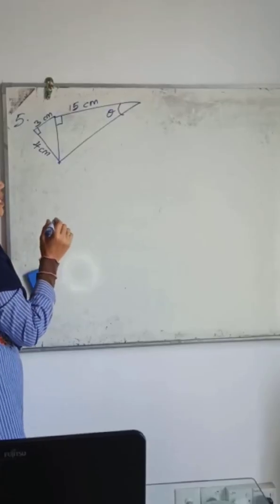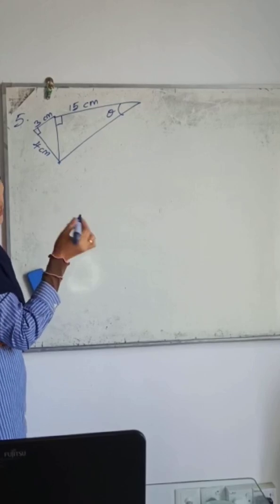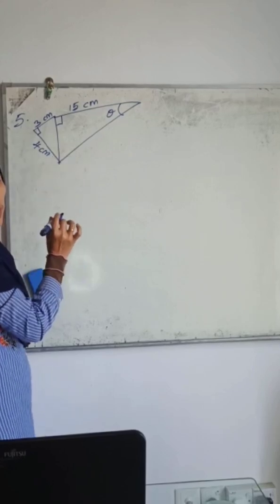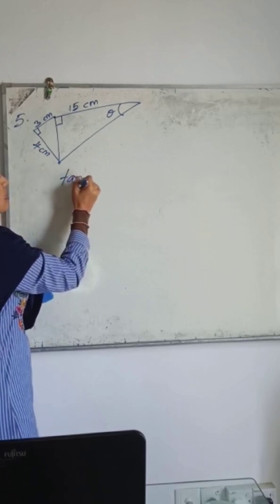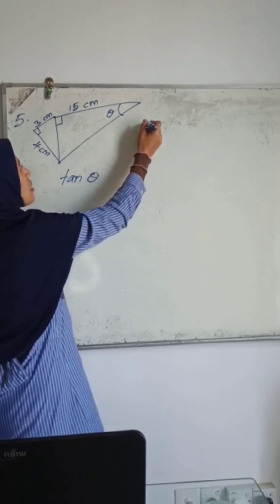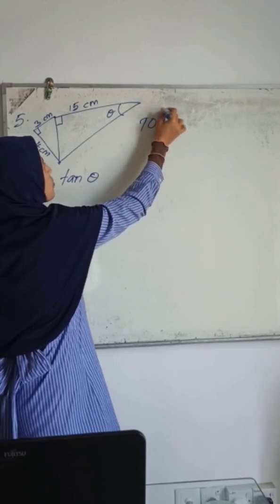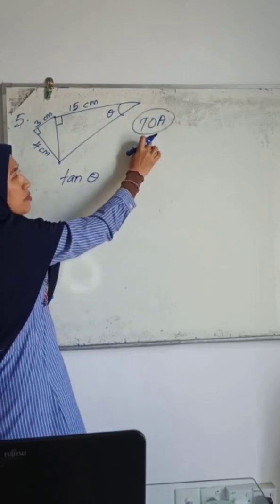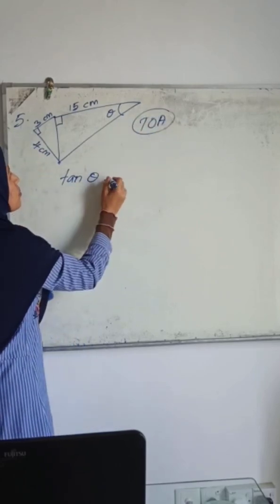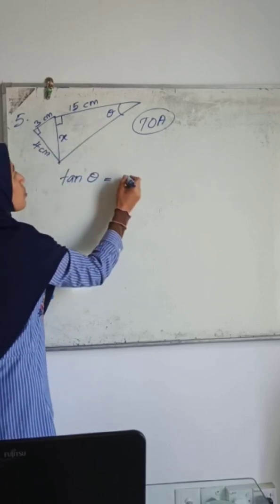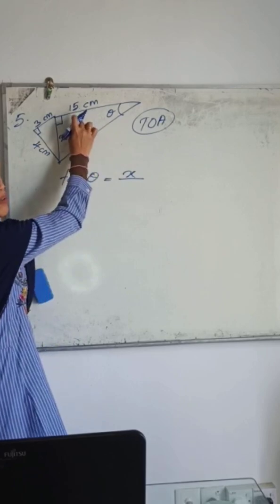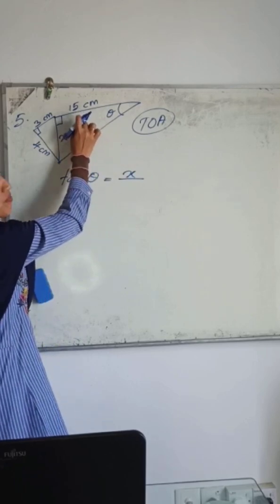Okay, let's discuss question number 5. Given this diagram, the question asks to find tangent theta. Tangent theta is opposite per adjacent. Opposite here, let's say x, so x per 15, adjacent 15.